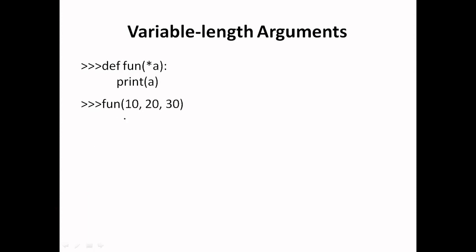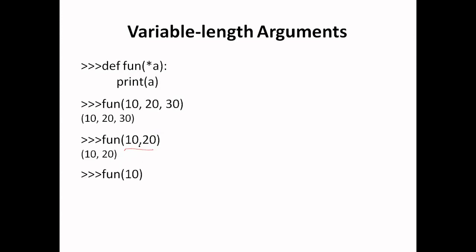In this case, I have passed three values, 10, 20 and 30. Basically these three values will be passed as a tuple to this variable a, because variable a is basically a tuple. So this will print the values 10, 20 and 30. We can call this function by passing only two values or zero values.